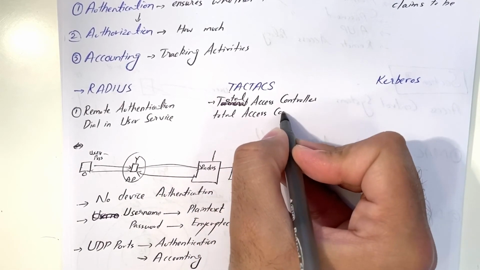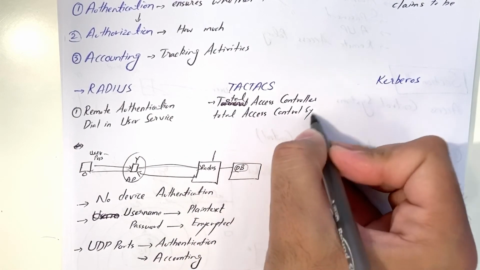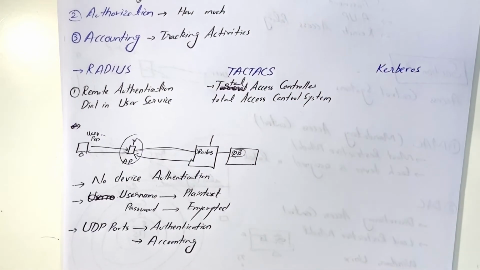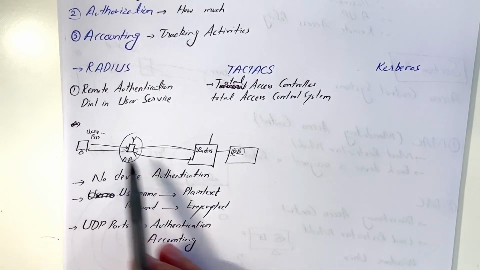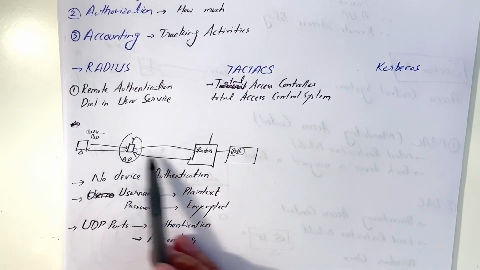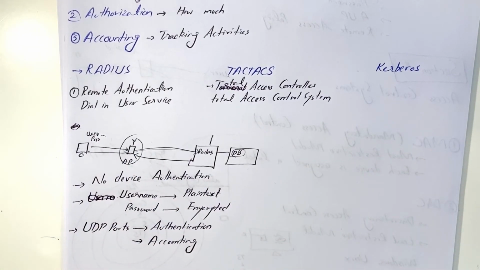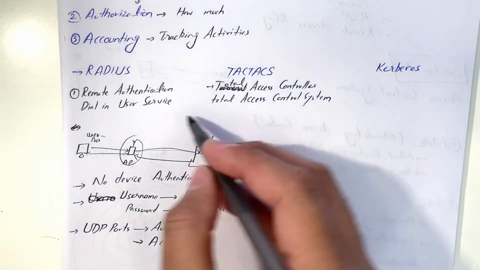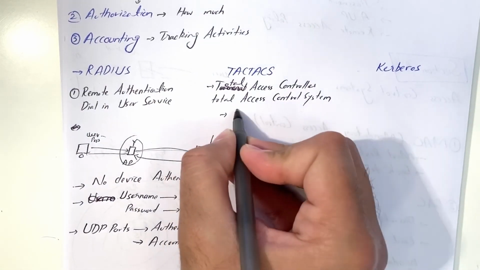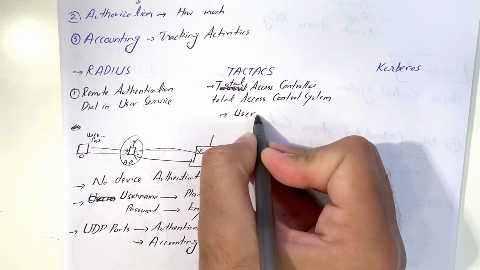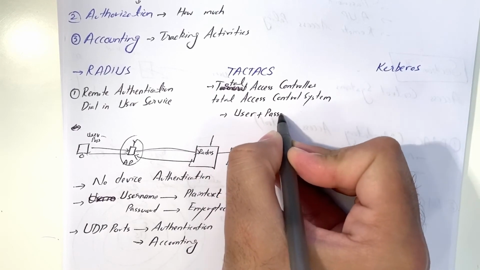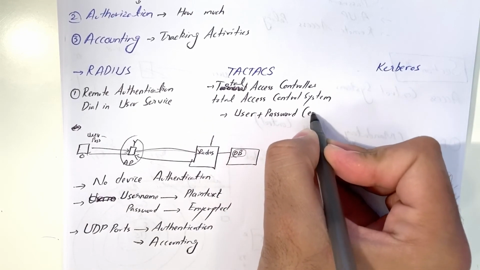It is absolutely the same: the user ID will be forwarded to the access point, which forwards the username and the password to the server, and the server will look at the database and all. Everything else is the same, but both username plus password go in an encrypted form, number one.